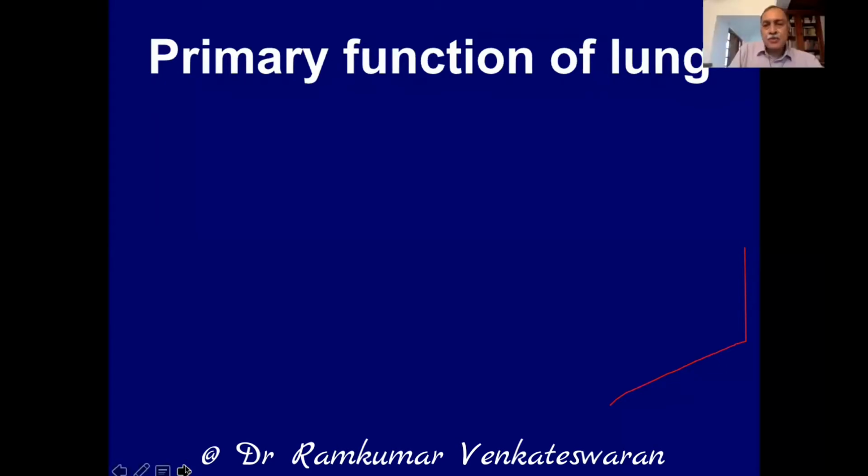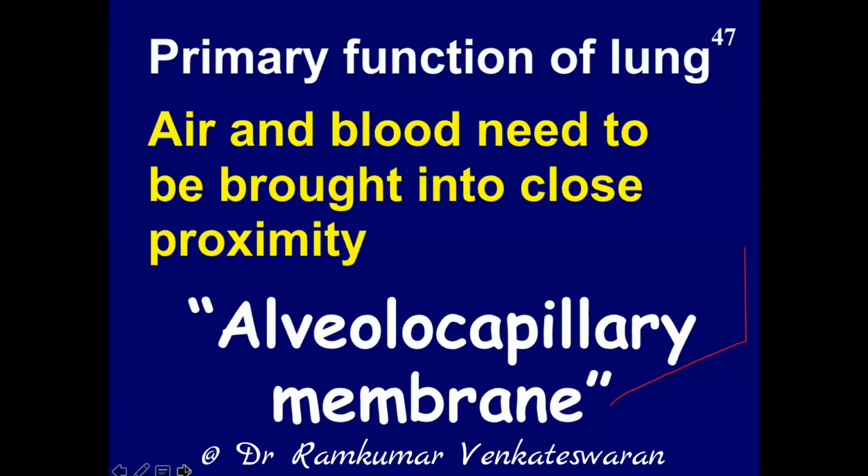And this is done beautifully by the God-given lung. So essentially, to carry on this function of exchange of two important gases between the atmosphere and the blood, you require air and blood to be brought into close proximity.